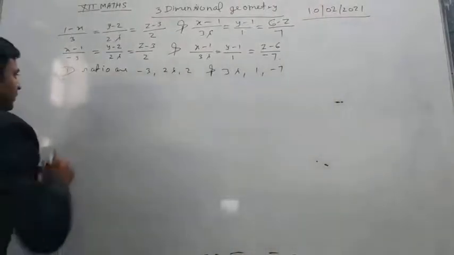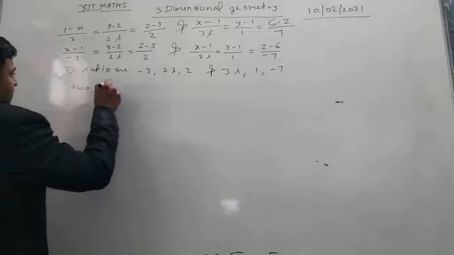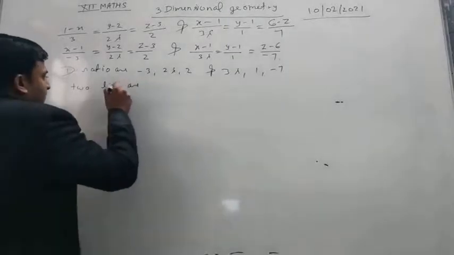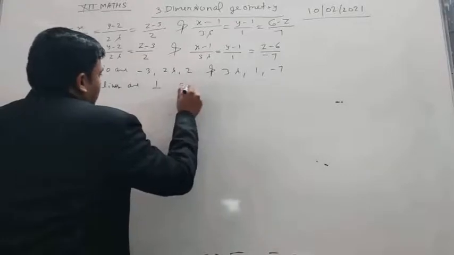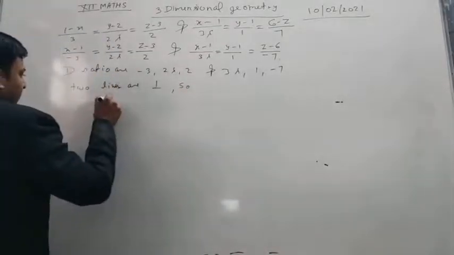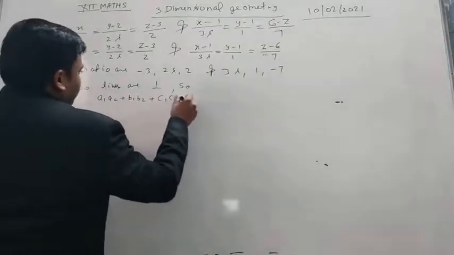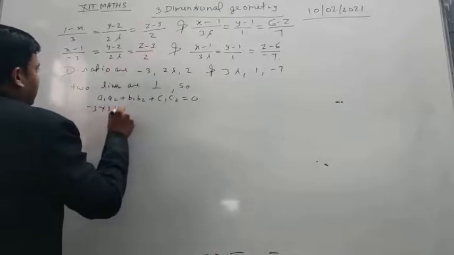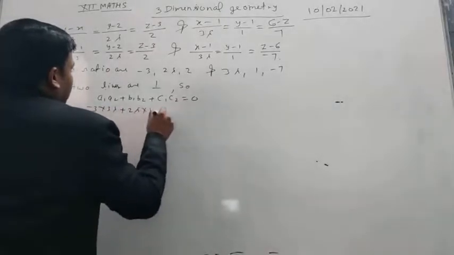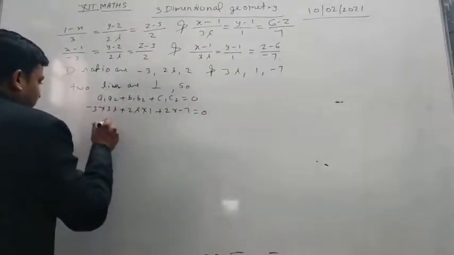Okay, students, so the two lines are perpendicular, so a1 a2 plus b1 b2 plus c1 c2 is equal to 0. So we write minus 3 into 3 lambda plus 2 lambda into 1 plus 2 into minus 7 is equal to 0.